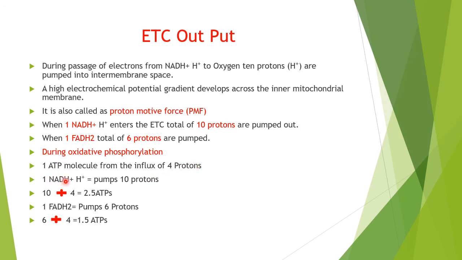So that means 1 NADH pumps 10 protons, so there will be 2.5 ATPs generated when 1 NADH is fed to the electron transport chain. Similarly, 1 FADH2 pumps 6 protons. By that logic, it will generate 1.5 ATP during oxidative phosphorylation.